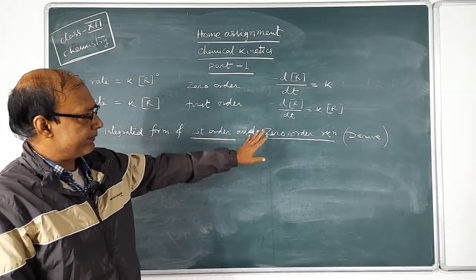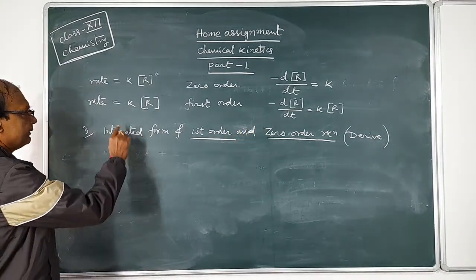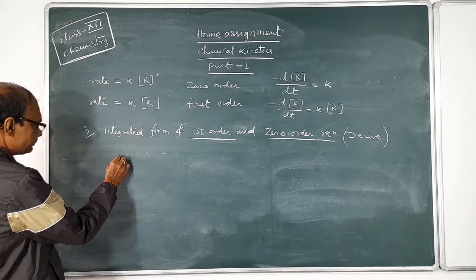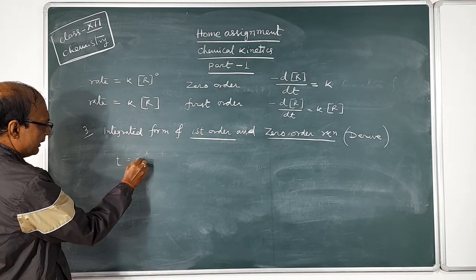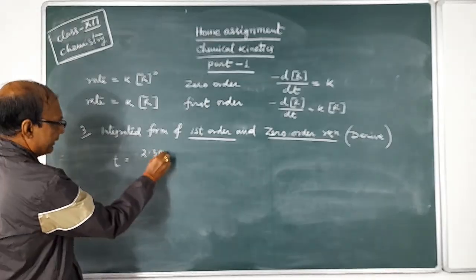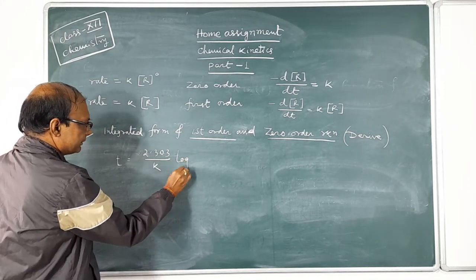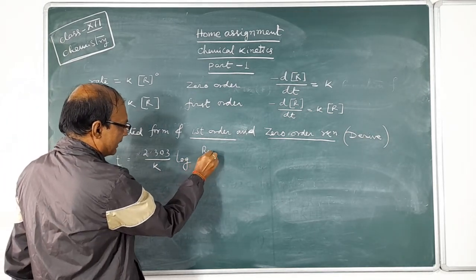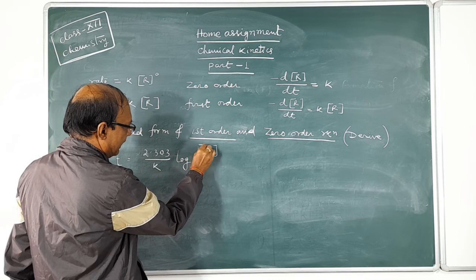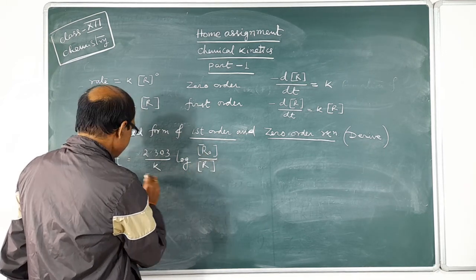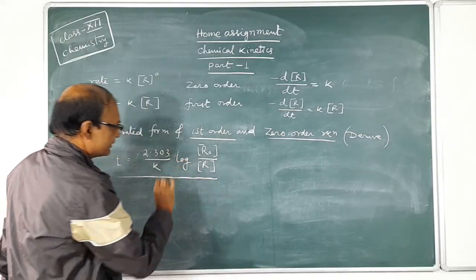Now, I am writing the integrated form of the first order reaction: t equals 2.303 by K log R naught by R. Directly I am writing it, this is the integrated form of the first order equation.